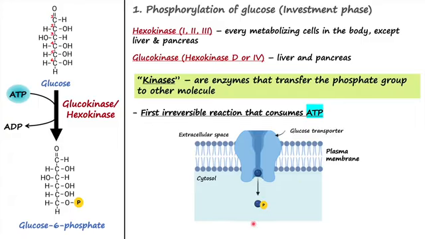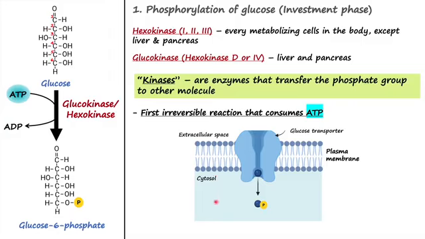Therefore, the irreversible phosphorylation of glucose effectively traps the sugar as glucose 6-phosphate in the cytosol, thus committing it to further metabolism in the cell, meaning it is committed to the subsequent steps of glycolysis because it cannot be transferred back into the extracellular space.